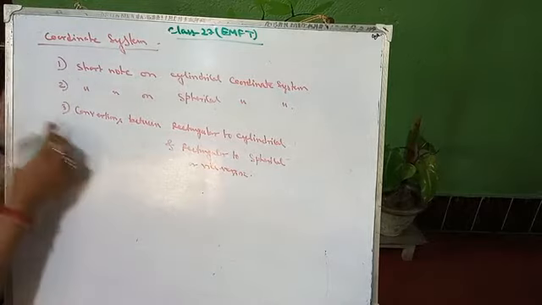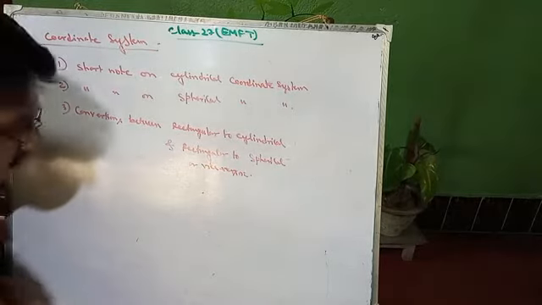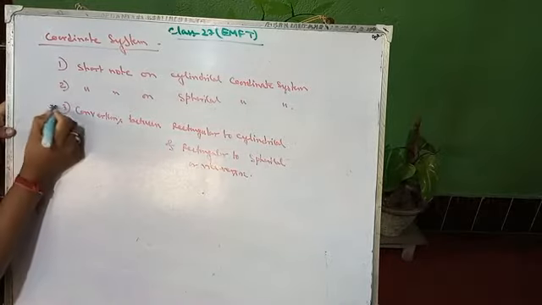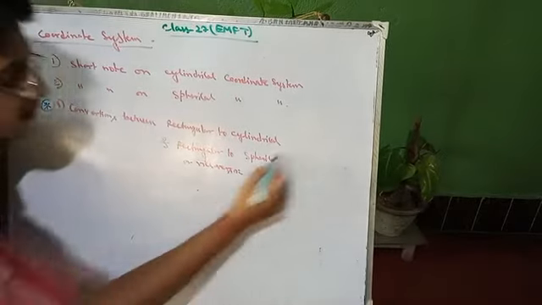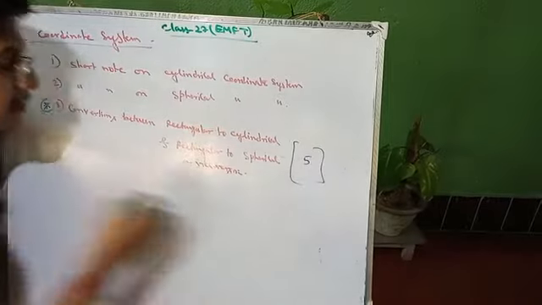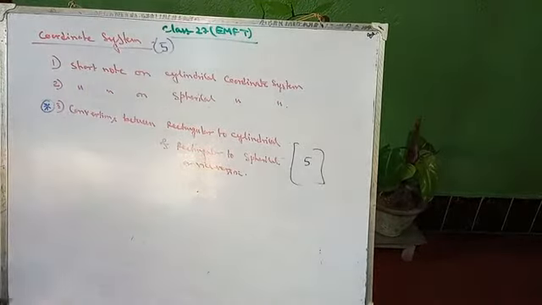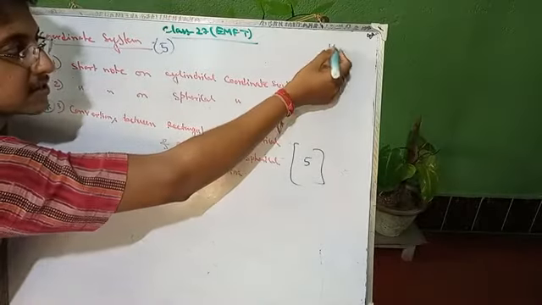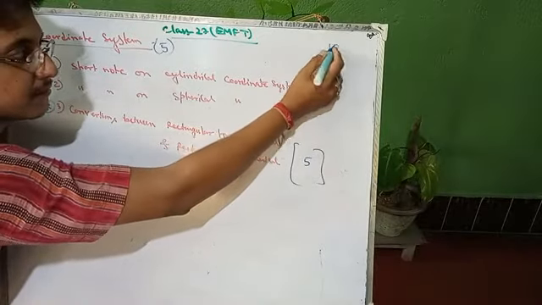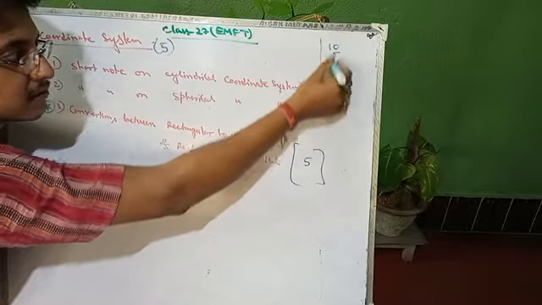So these three concepts are VVI. From this coordinate system I will give you 5 marks common. So that is 10 plus 5 already: first module 10, second module 5.